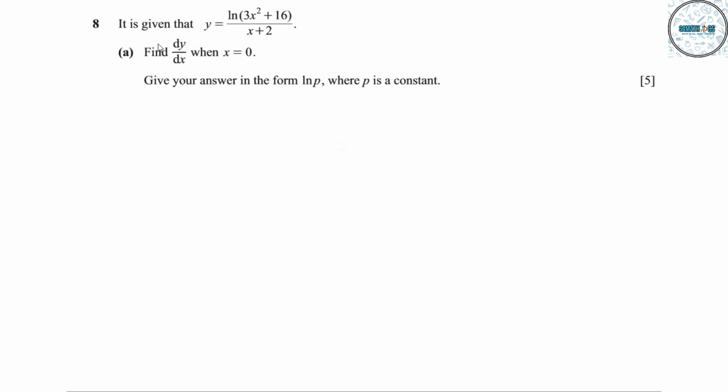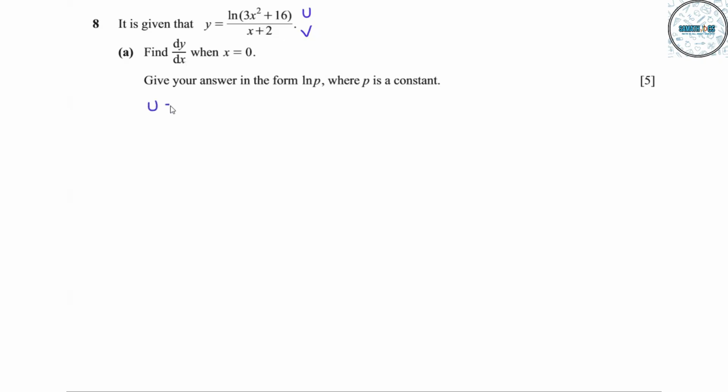Question number 8. It is given that y is equal to ln (3x squared plus 16) upon (x plus 2). Find dy upon dx when x is equal to 0. Give your answer in the form ln p, where p is a constant. As we know, here ln (3x squared plus 16) is divided by x plus 2. We will consider this as u, this as v.